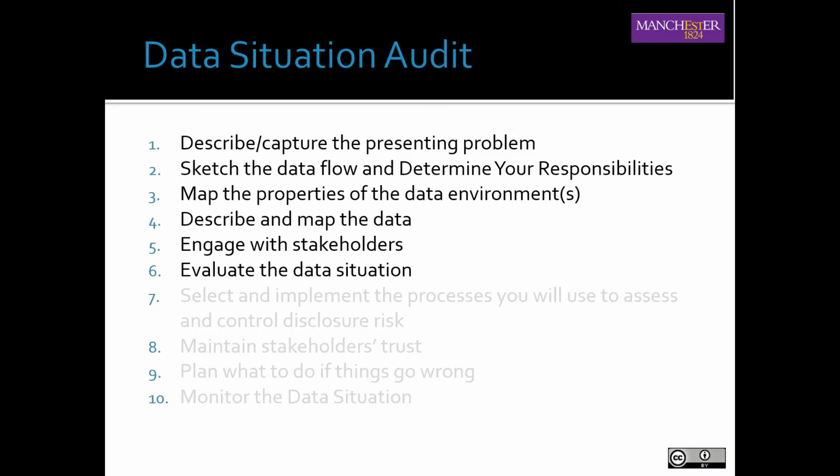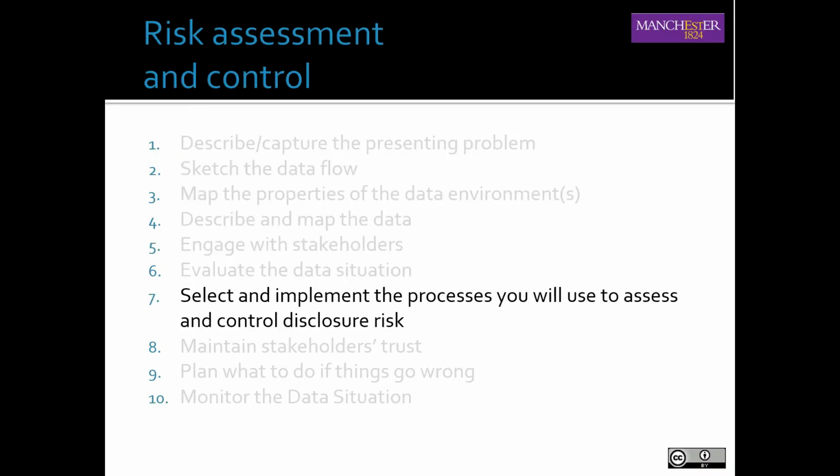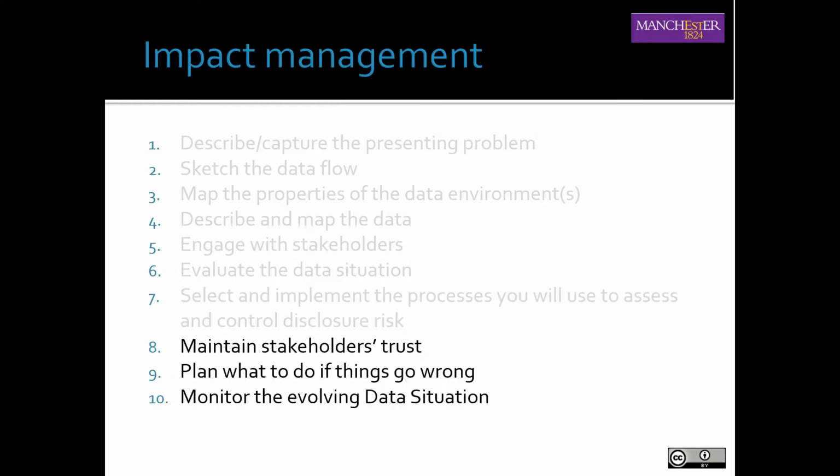The evaluation then leads to decisions about whether you need to employ disclosure controls or further disclosure risk analysis. And that's the second activity. And then finally, impact management. There's a lot built into the Anonymization Framework about maintaining relationships with stakeholders as being vital to managing risk.